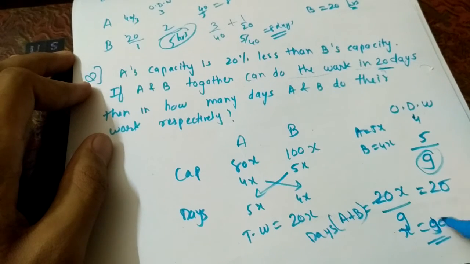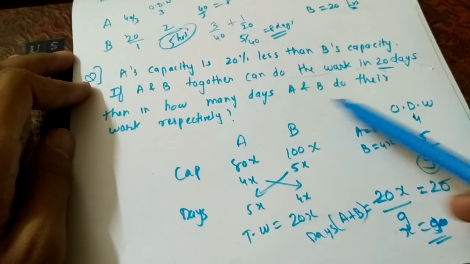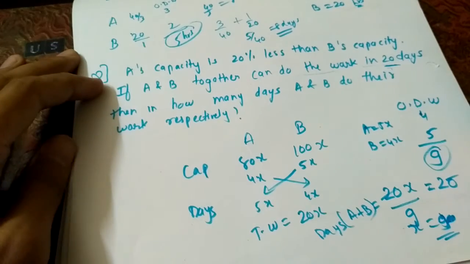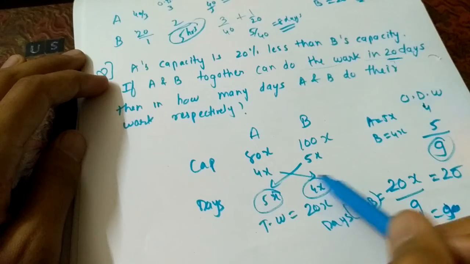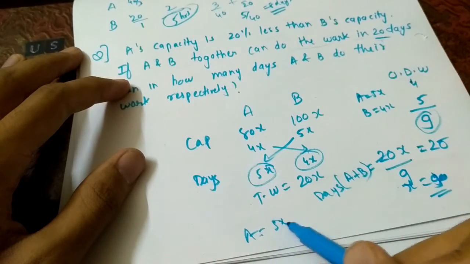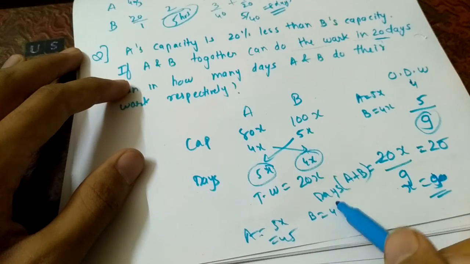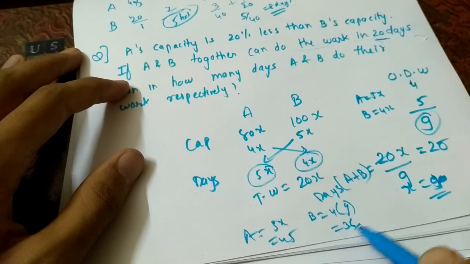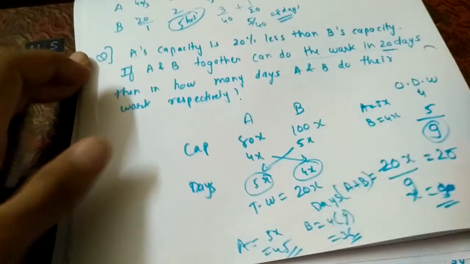Now the question is not asking about this 9. The question is asking in how many days A and B do their work respectively. So now they are asking individually, so simply we have to put x over here and x over here. So A is 5x, so 5 times 9 is 45, and similarly this will be 4 into 9, it is 36. So these are the respective days of A and B.